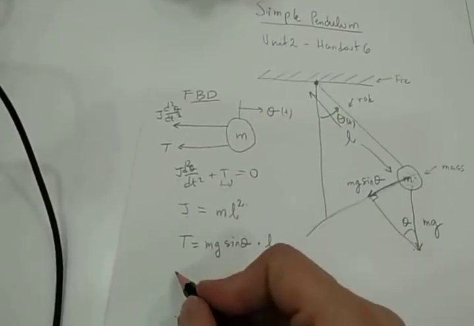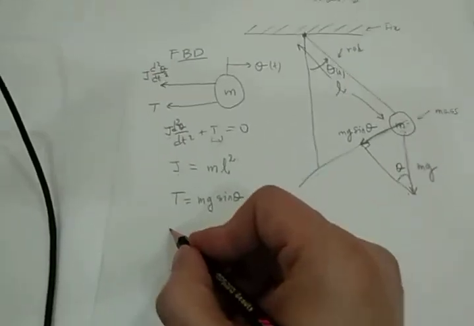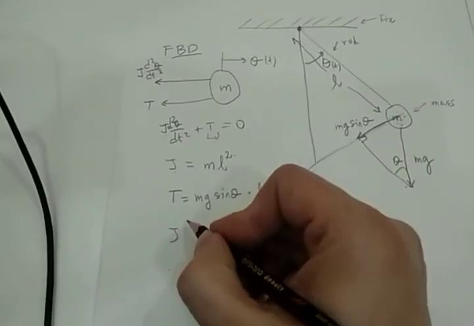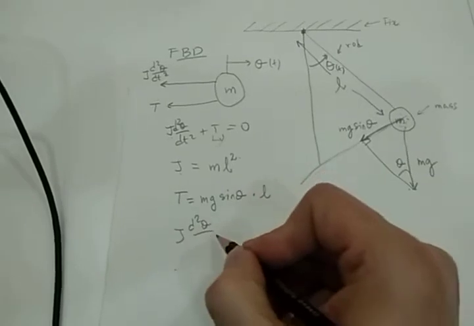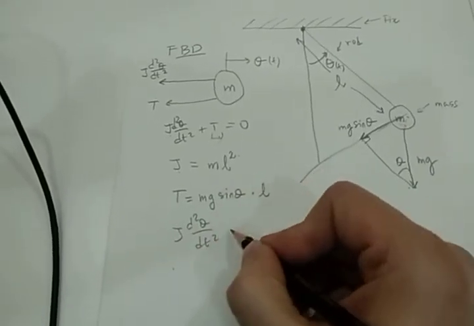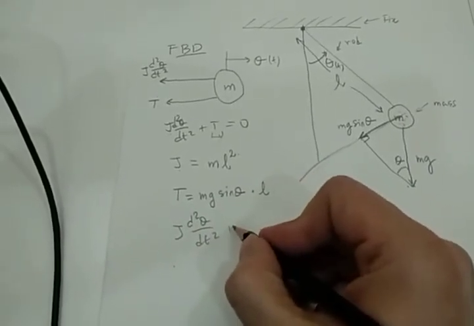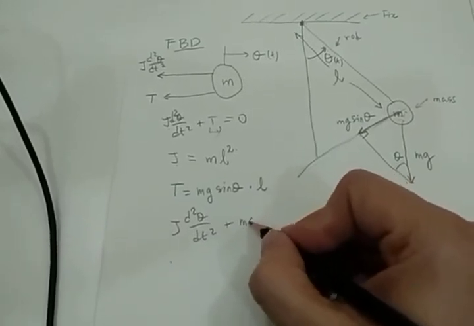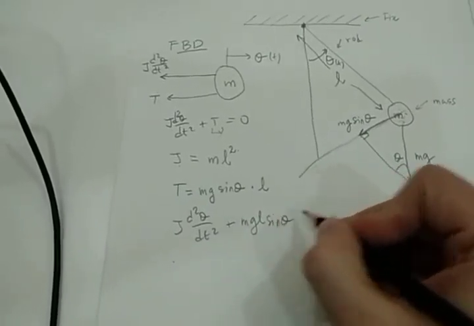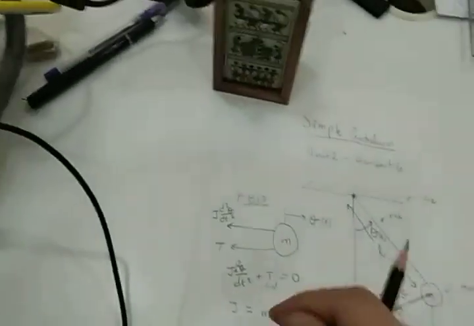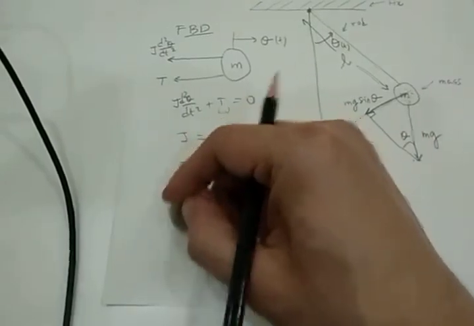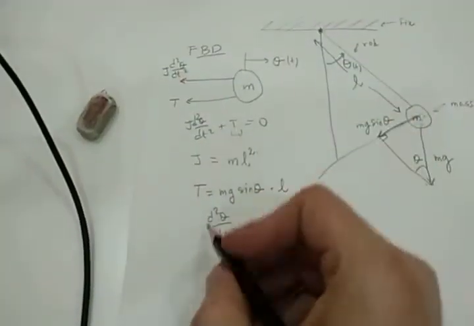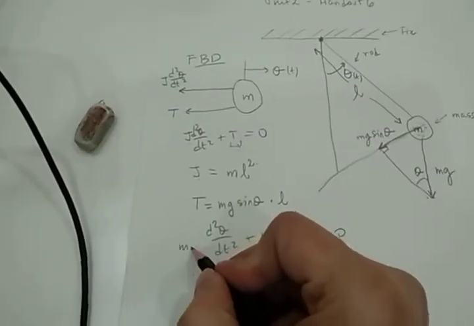So our differential equation can be written J d square theta dt square plus mgL sine theta equals 0, and this J here is mL square.